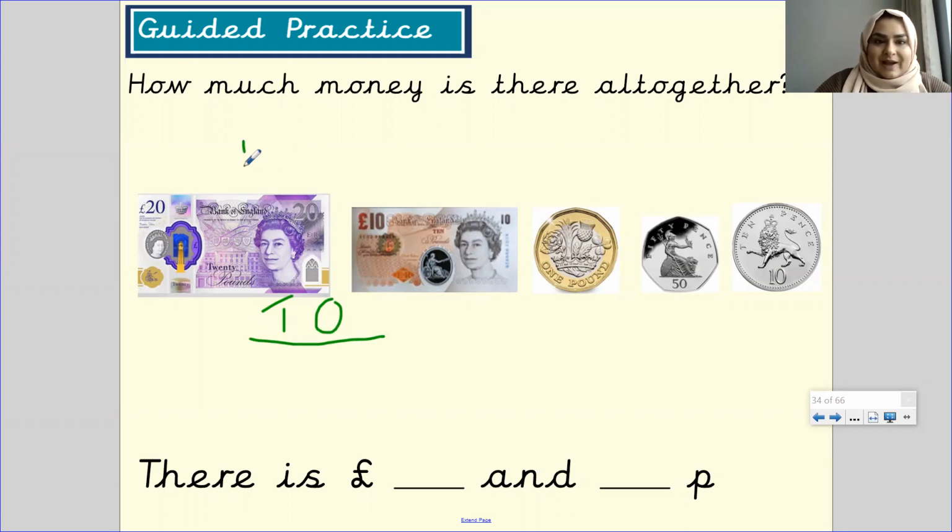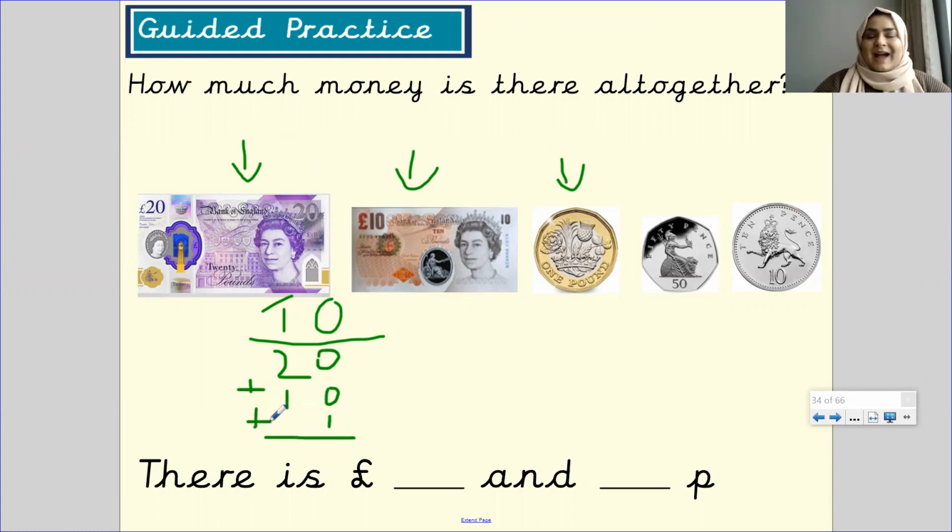So this is my pound, this is my pound, and this is my pound. So I have 20 pounds, 10 pounds, and 1 pound. Okay, and I'm going to add these.